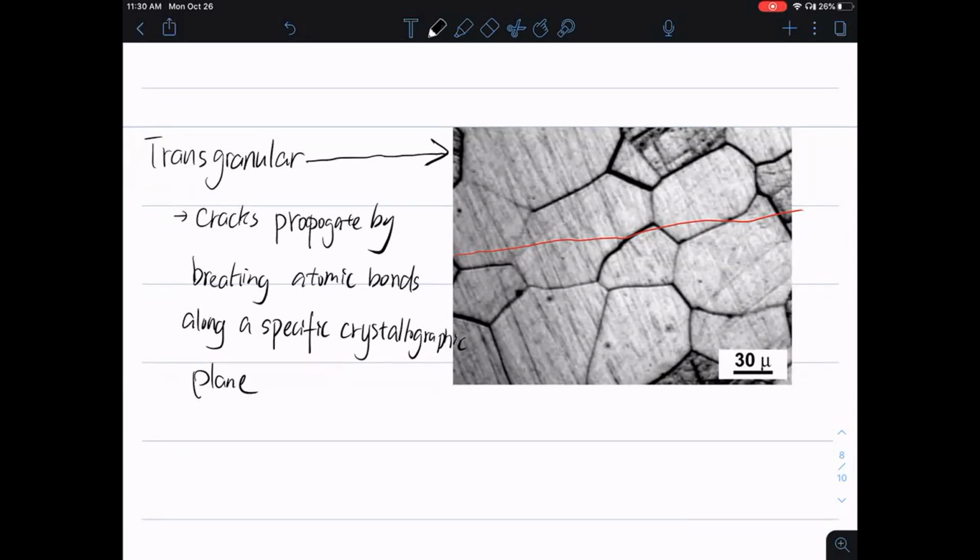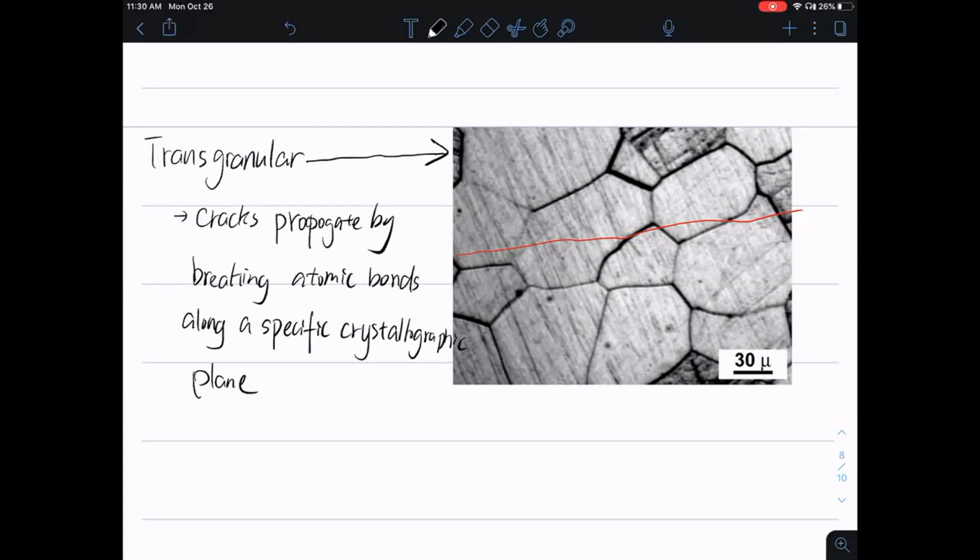A review here, how do we write out the indices for a plane? Which notation do we use? Do we use square bracket or curly bracket? Which notation do we use for a crystallographic plane? Square one? Which one is for direction? Wait, which one is for point?